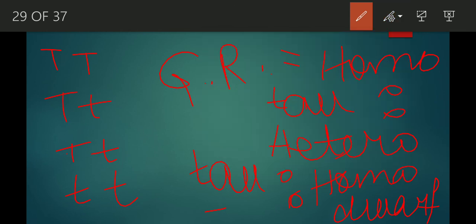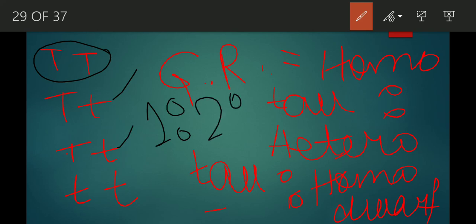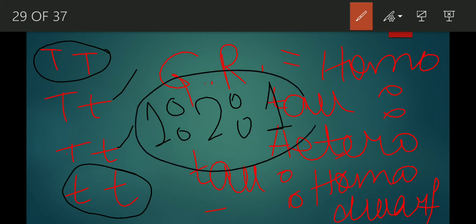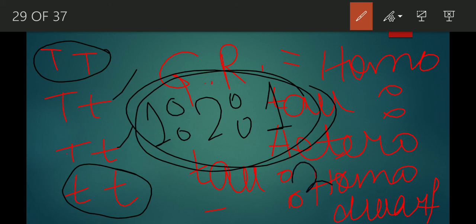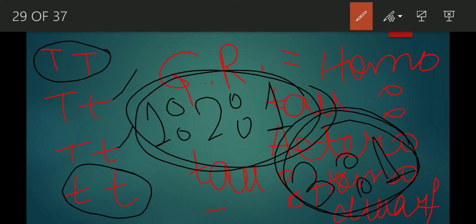Homozygous tall: only 1. So 1 is to heterozygous tall. These are the 2 heterozygous tall. So 2 is to homozygous dwarf. Only 1 is present. So in case of the monohybrid cross, the genotypic ratio is 1:2:1 for F2 generation, and the phenotypic ratio is 3:1 for F2 generation. Clear? This is for monohybrid cross.